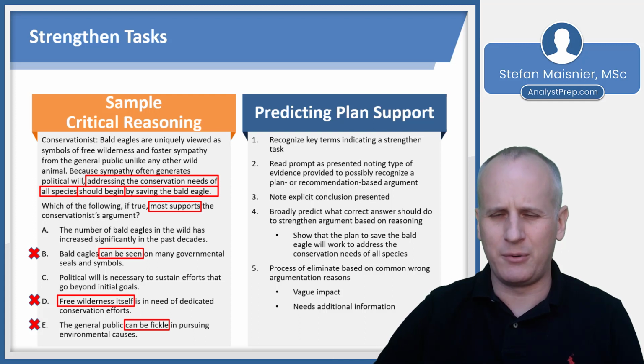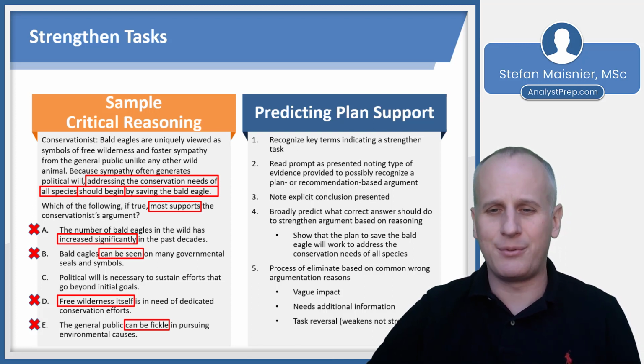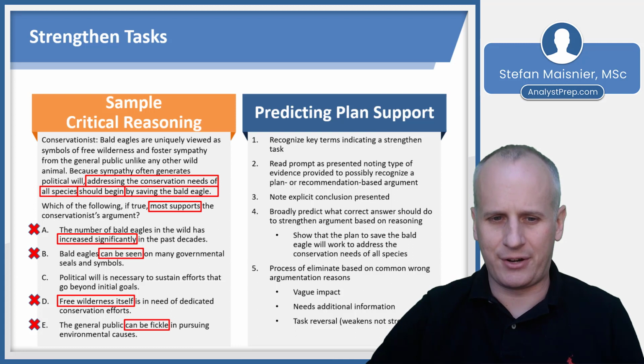We need to save the free wilderness before we can save the bald eagle, and that actually kind of works as a task reversal, as does choice A, because choice A says the number of bald eagles in the wild has increased significantly in the past decades. Well, if they've increased significantly, we probably don't need to save the bald eagle and should probably go save other animals first. So that too would weaken rather than the sought task of strengthening the argument.